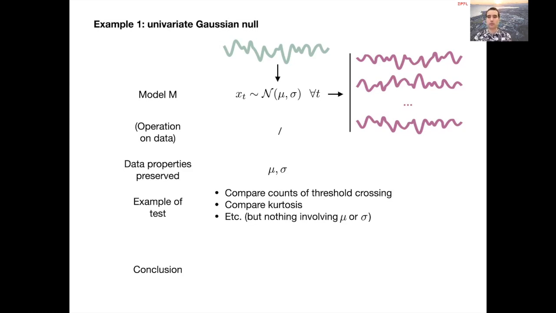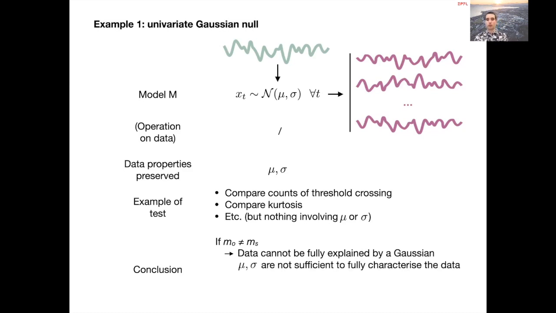It's not going to be very informative about your data. So what is the conclusion that you can draw from the test outcome? Well, if you find that MO is different from MS, MS being again a distribution of values, it means that data cannot be fully explained by a Gaussian, or in other terms, that mu and sigma are not sufficient to fully characterize the data.